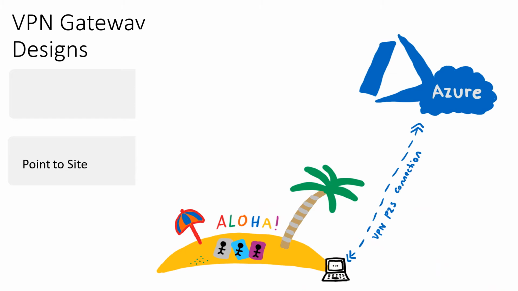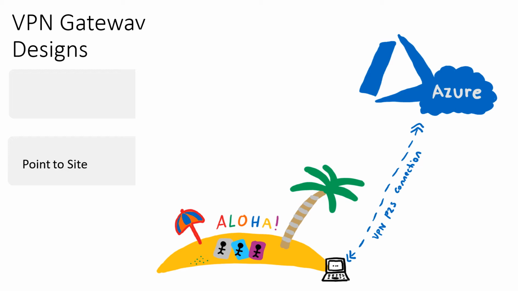Let's go. So we have seen site to site VPN gateway, where you can connect from your office network to a virtual network on Azure. But suppose you are going on a holiday and you are at an international airport and you get a call from your manager, and she starts to say one of our dev environments is down, we need you to fix it immediately.